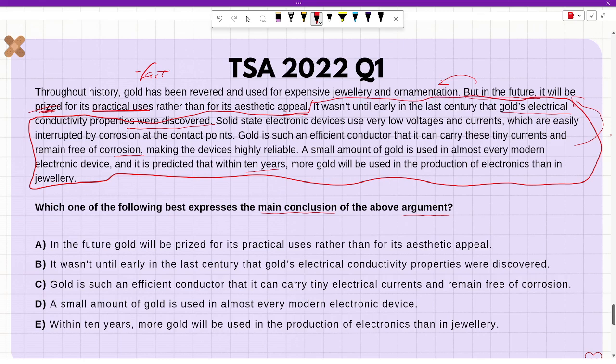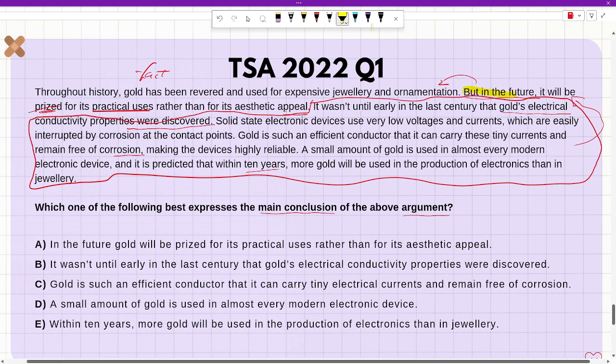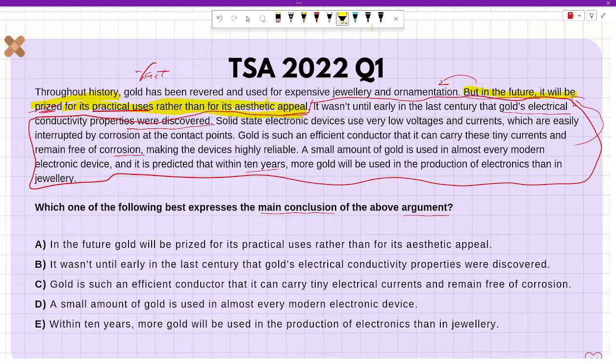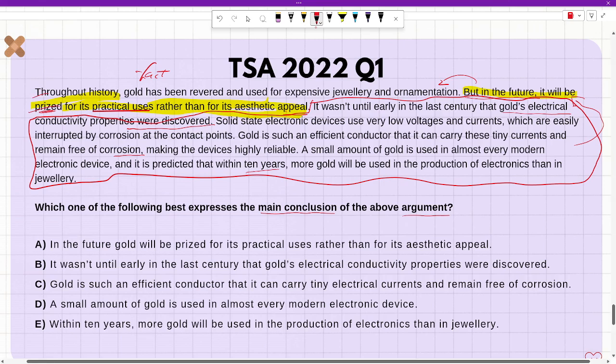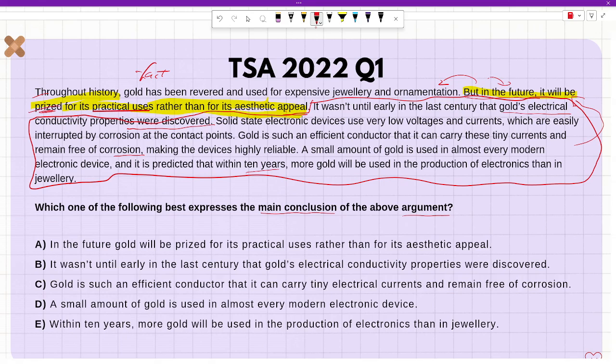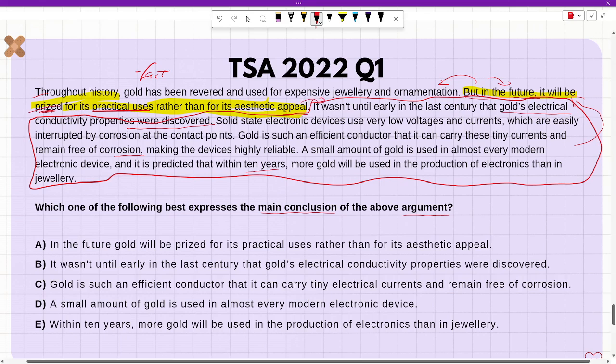All of this is supporting the evidence of this, right? Okay, and this is the counter argument. This is the opinion. This is the counter argument saying nope, gold is not going to just be used for jewelry. And then here is the explanation supporting this.